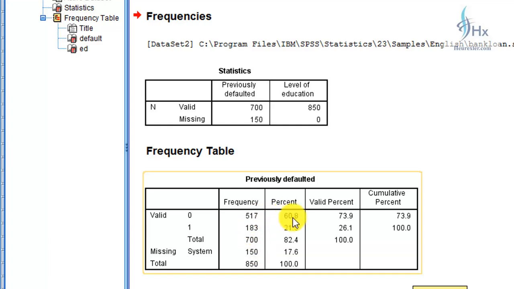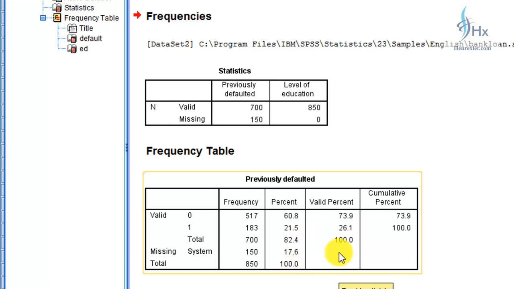The percentage of non-defaulters, that is the 0 category, is 60.8% in our data set, and defaulters are 21.5%. Together they make 82.4%, and 17.6% are missing cases.